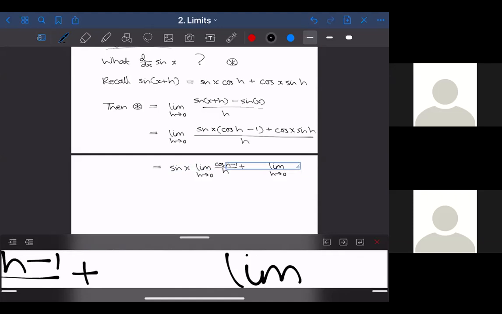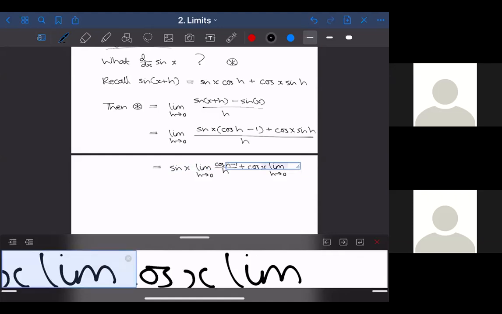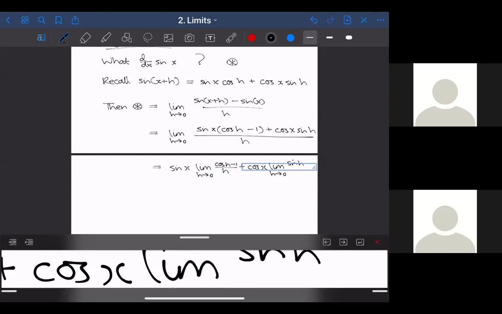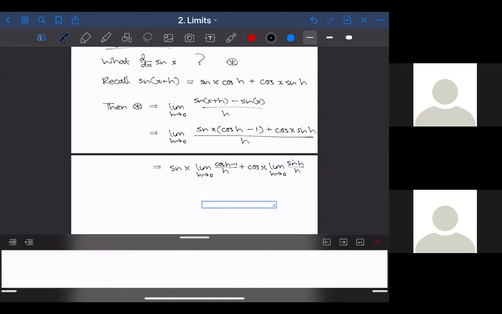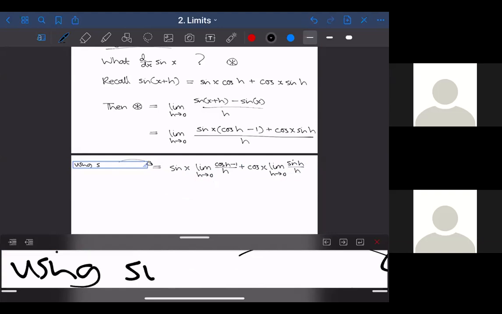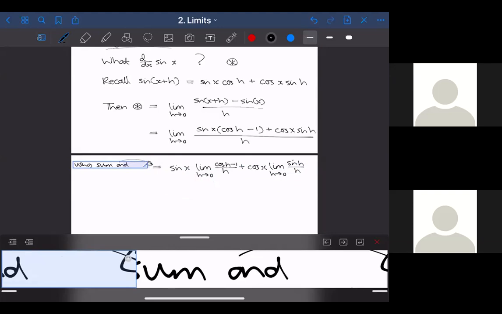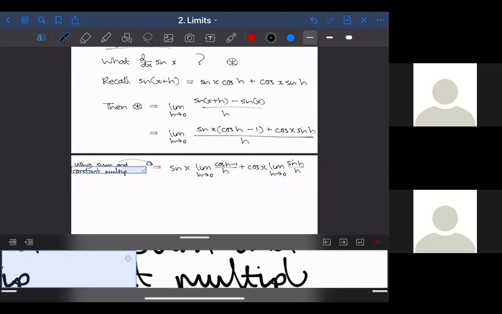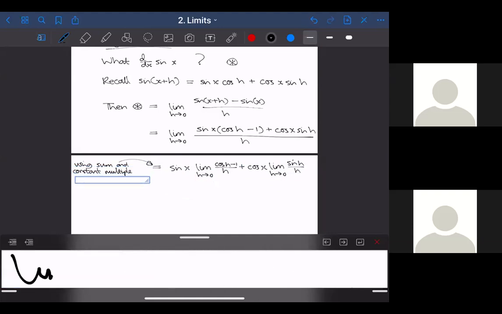And in the same way, I can take cos x out, and then the question is, what is the limit of sine h over h? And I'm also using the sum and constant multiple limit laws.